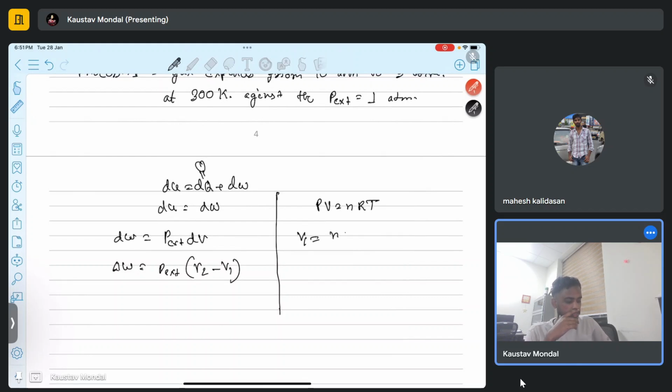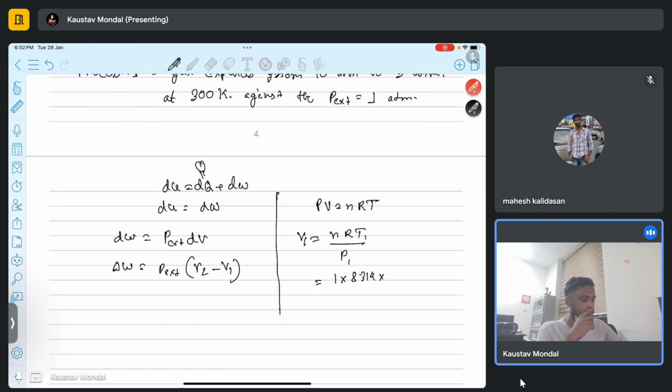V1 is equal to simply nRT1 by P1. n is 1 mole given, right? 1 into the R value, the ideal gas constant, 8.314 in joule.